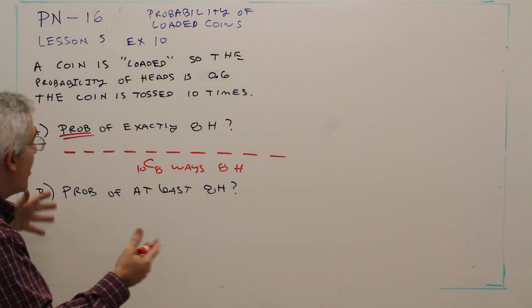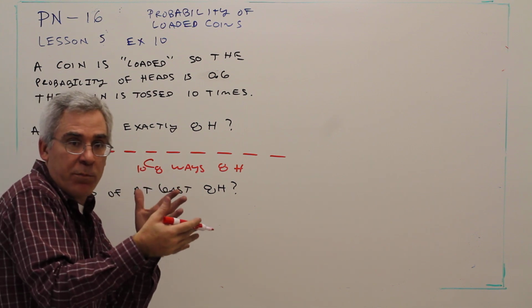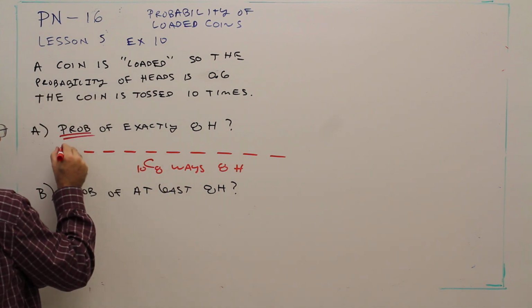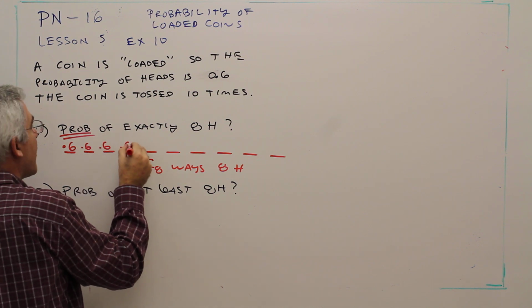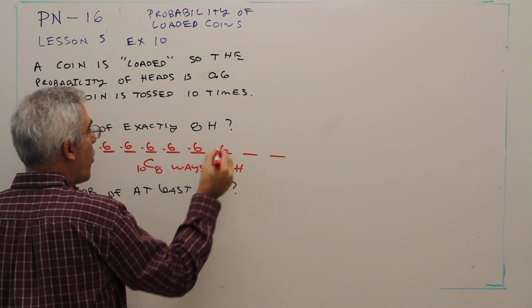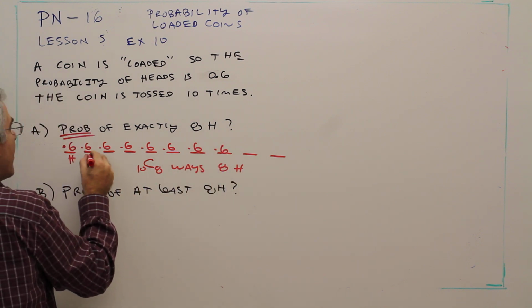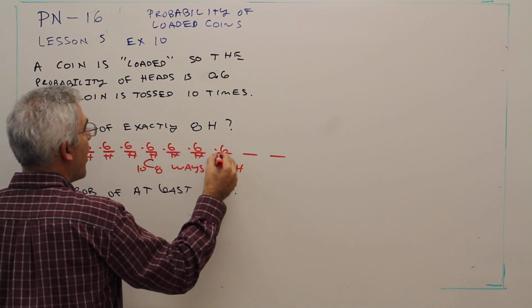All right, so if I've got 8 heads, we can just assume, for this purpose, the first 8 are 0.6, 0.6, 0.6, 0.6, 0.6, 0.6, 0.6, 0.6. So that was heads, heads, heads, heads, heads, heads, heads, heads.